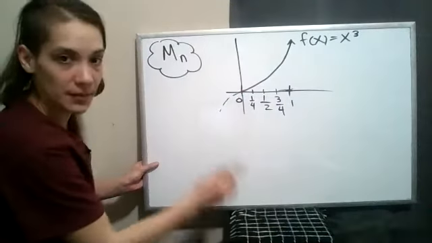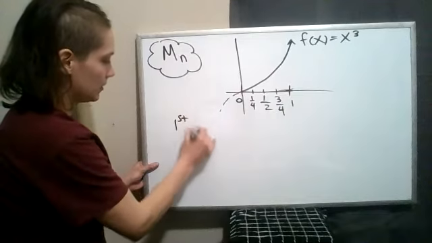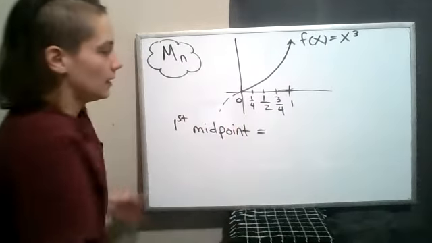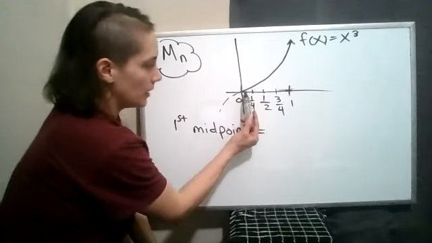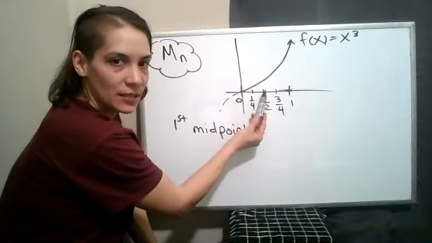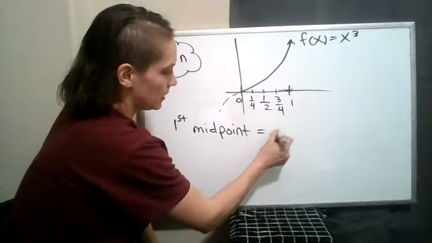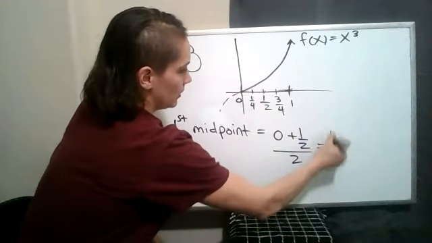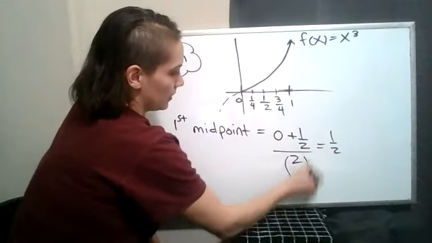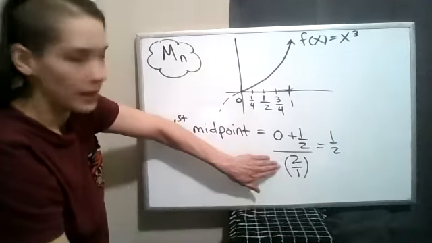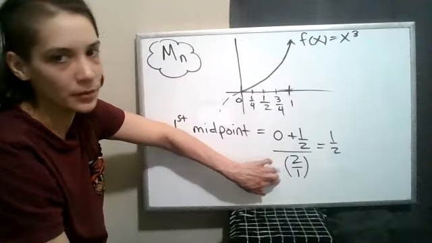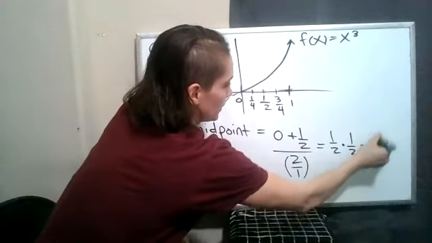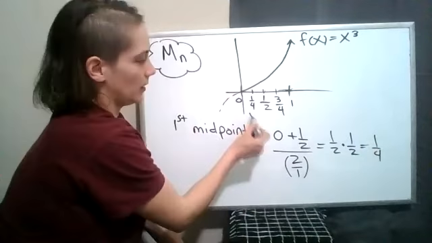So the first midpoint is to take the subinterval, add the ends, and divide by 2. So take 0 plus 1/2 over 2, which is 1/2. Multiply by the reciprocal of 2 over 1, so times 1/2. There, 1/4. Check. Cool.